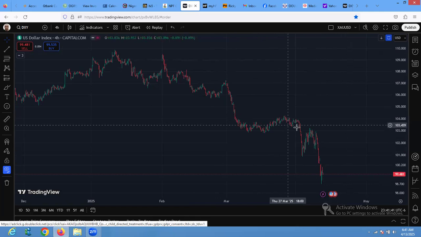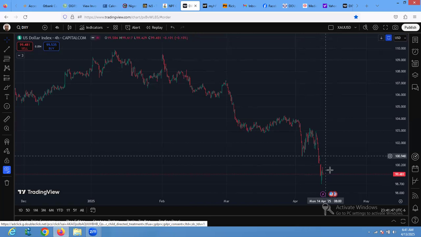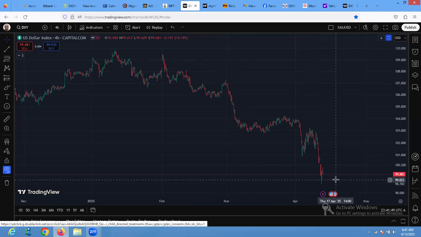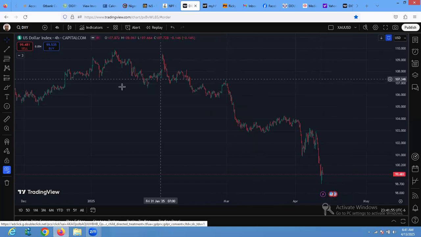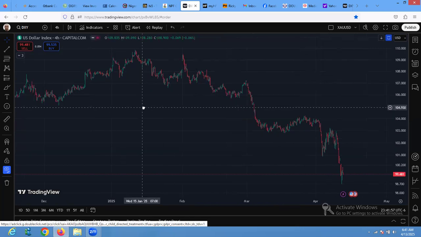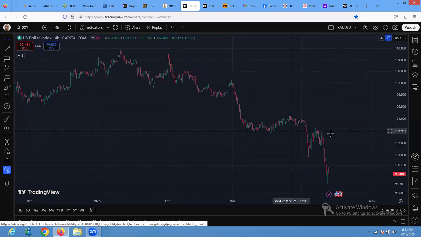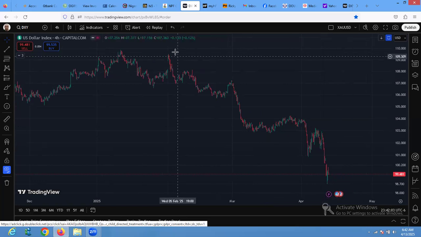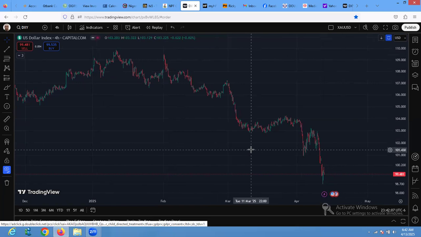And again, there is no indication for now, be it a leading diagonal or an ending diagonal, that will tell me we are coming for a bigger correction. So if you use your trend line, it's really not approaching the trend resistance. So that's another way of looking at it.